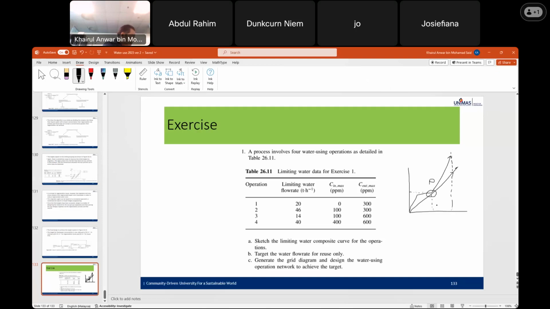Either you fix an output concentration or you use a removal ratio. It is for the second question. For the third question, you refer back to page 596, also inside the slide.